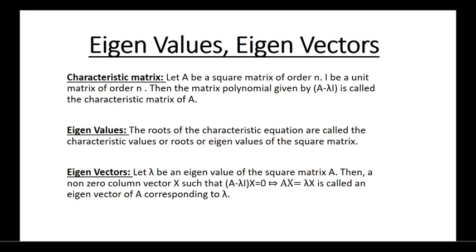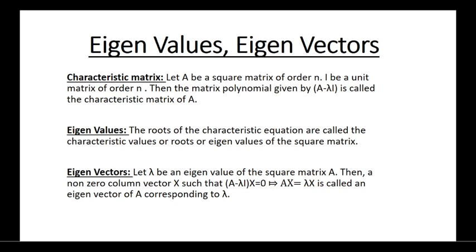Determinant of A minus lambda I is equal to 0 becomes the characteristic equation. The roots of the characteristic equation are called the characteristic values, characteristic roots or eigenvalues of the given square matrix. Now our task is to find eigenvectors.